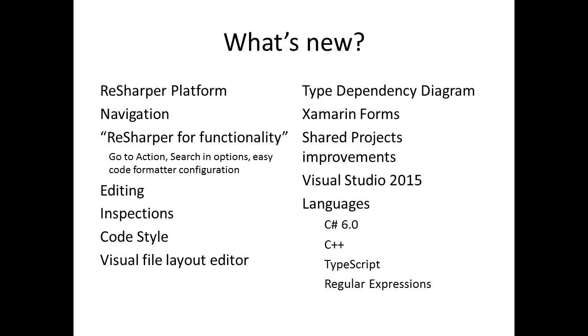Support for Xamarin Forms, improvements for shared projects, support for Visual Studio 2015 and C# 6. We're going to have C++ as part of the ReSharper 9 product at some point. It's currently in beta version and will be working soon. You can still download that off the website right now. We've got support for TypeScript and we've got support for regular expressions.